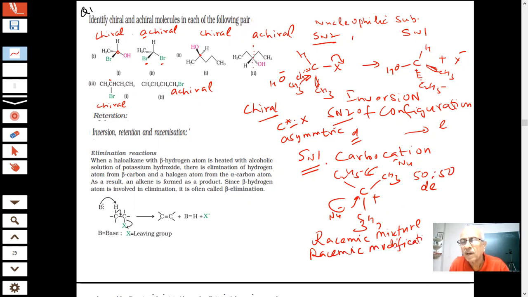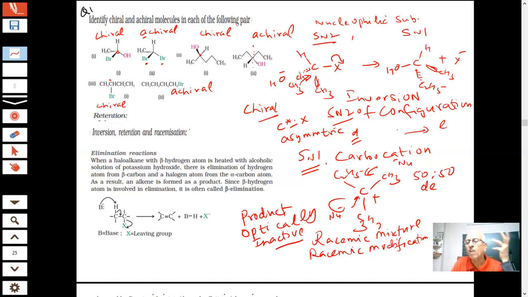The net result, 50% dextro and 50% laevo, will be zero optical rotation. So this is called racemization, and the product is optically inactive. In the first case, the product is optically active, but inversion of the configuration takes place.